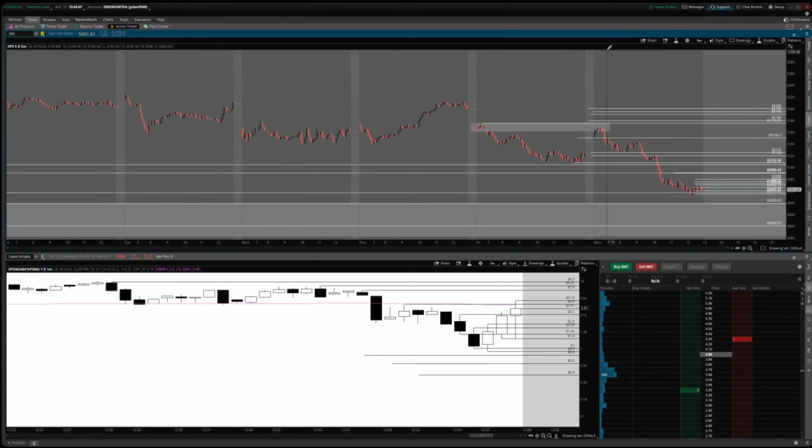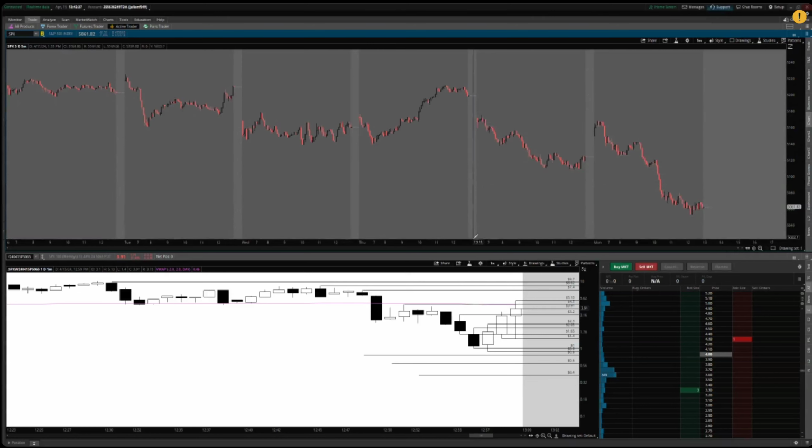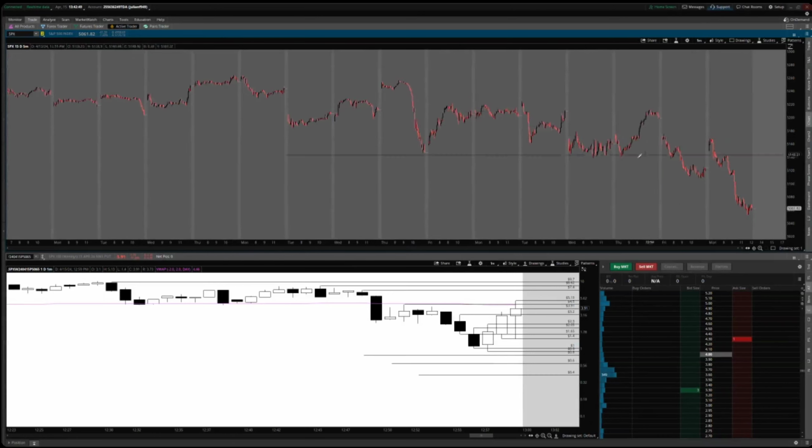And the best way for SPX, in my opinion, if you're playing any chart, let's see. Last week wouldn't be a really good week to do it, but let's do 15 days.